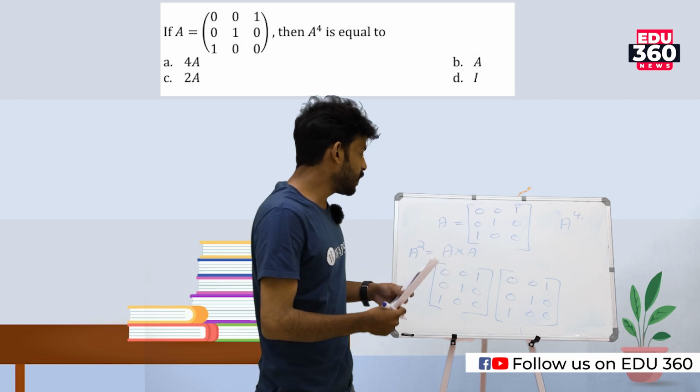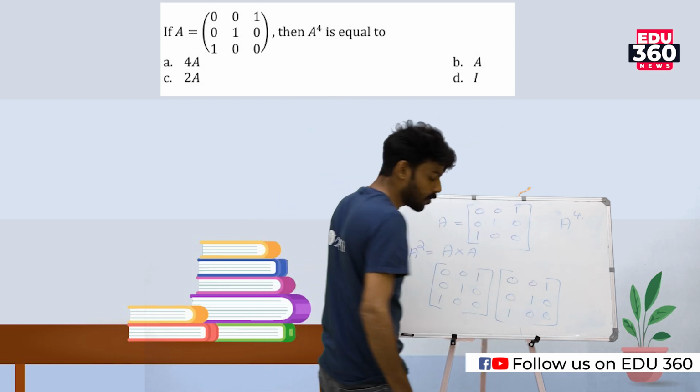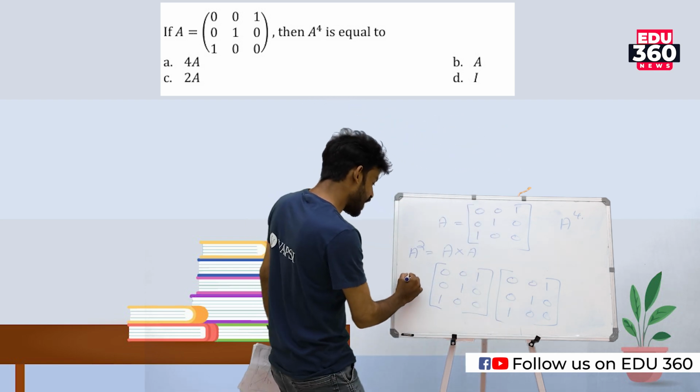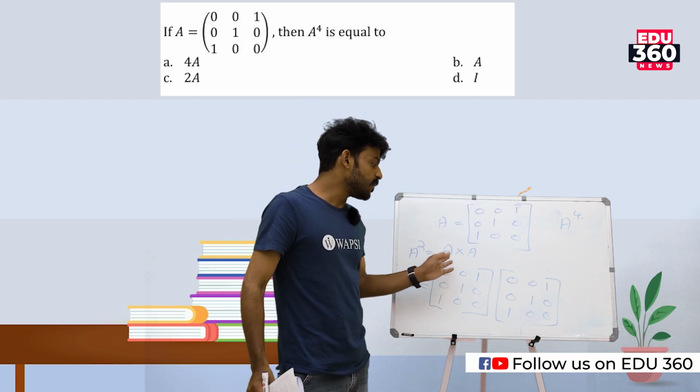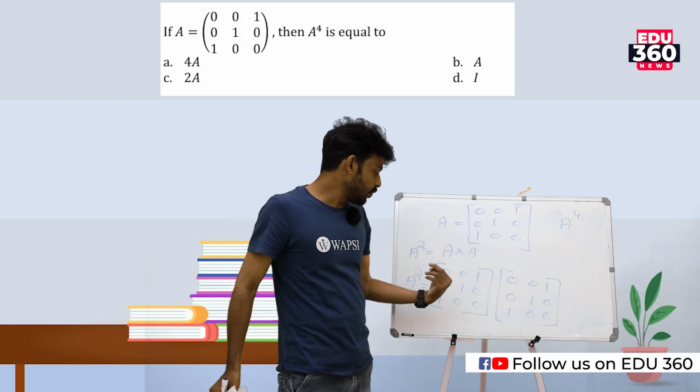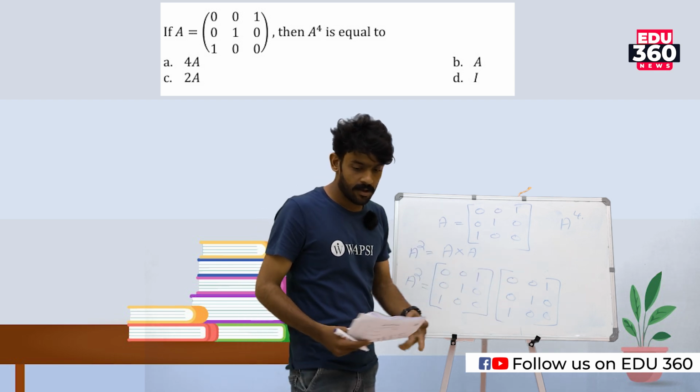Just multiply this. A square means multiplying the matrix A 2 times, A into A.